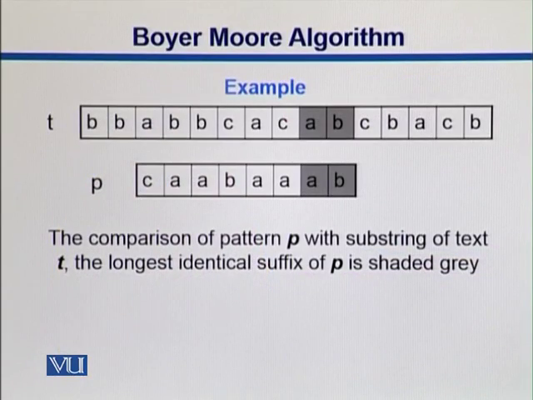Let's look into it here, and then you will understand what I'm saying. We have a text T or string S, and we are comparing it with P, which is our pattern. Within the pattern, if we start from the right-hand side and move back, we observe that AB is there. That is the suffix we are taking, the last part of it, and this suffix exists within the pattern here also.